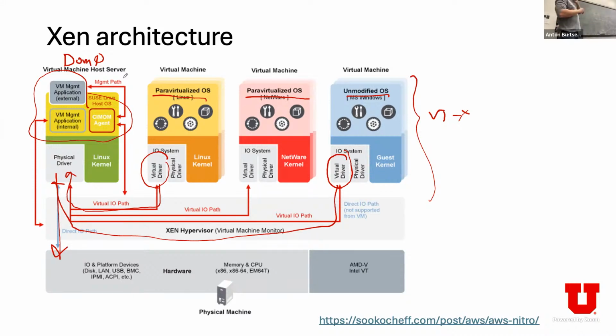Instead of running it as a single VM, run it as a collection of VMs, one for network drivers, one for disk drivers, one for the management stack. So it will not be a single domain zero, but rather a bunch of those, right? One for network, one for disk, one for management.